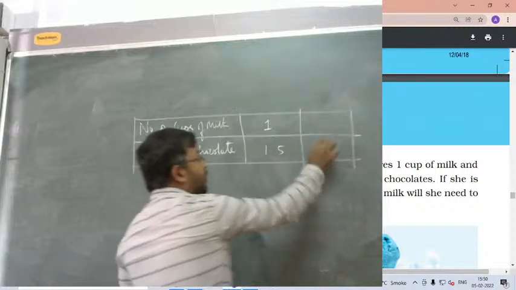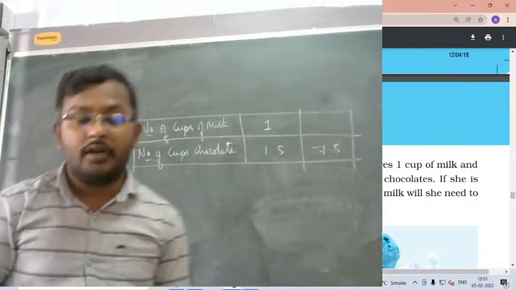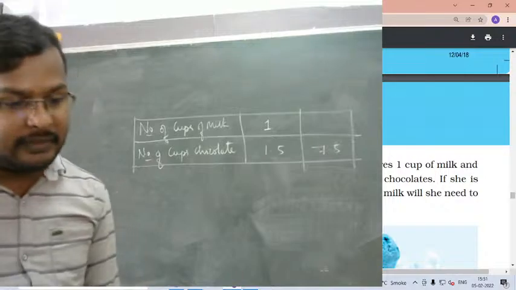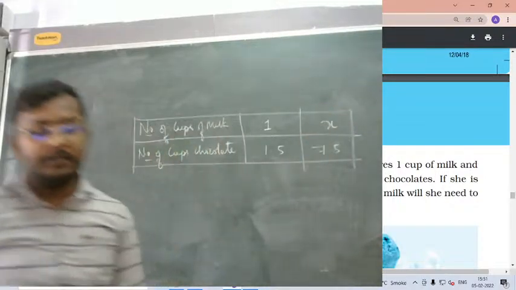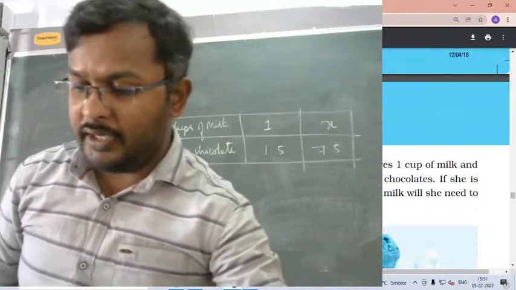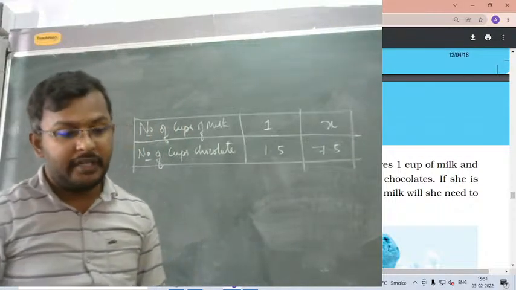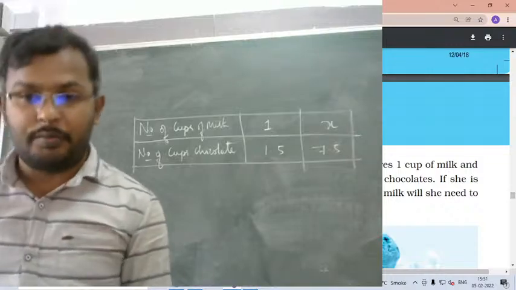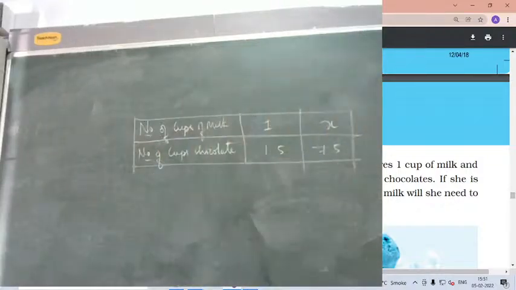Now for 7.5 cups of chocolate, how much milk is required, that they are asking. We can take this as X. First of all, we need to identify whether the given question is of direct proportion or inverse proportion. Now you tell me whether this question is direct or inverse proportion. Write it in the chat section.